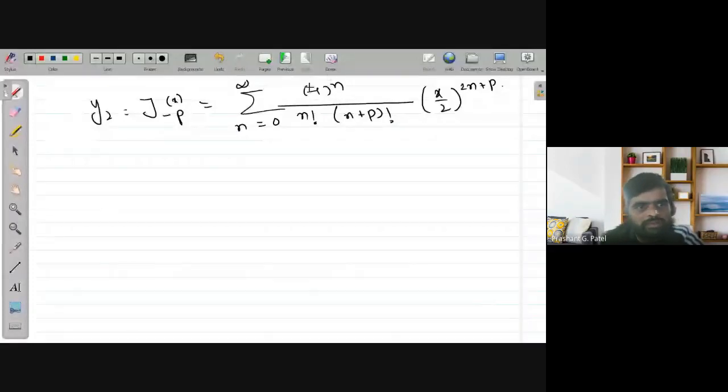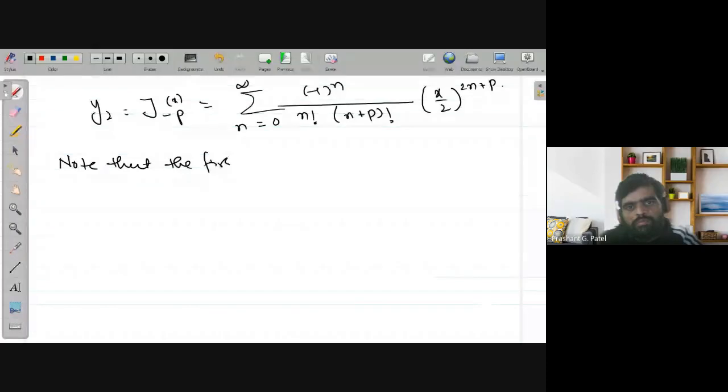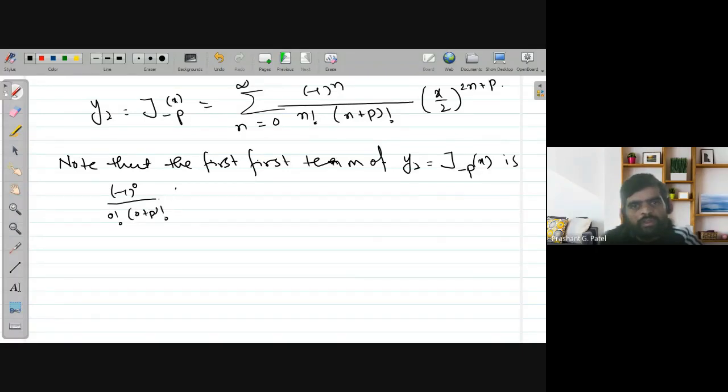So we note that the first term of y2, that is J minus p of x, when n equal to 0, if I substitute, that is minus 1 raised to 0 upon 0 factorial, 0 plus p factorial, into x by 2 power 2n plus p, that is 0 plus p.